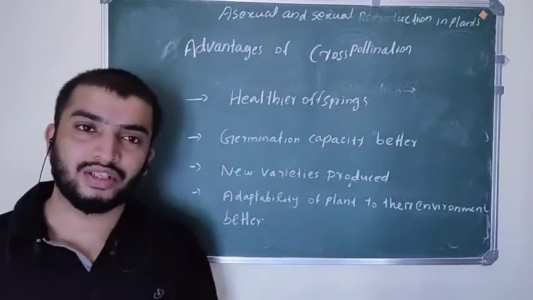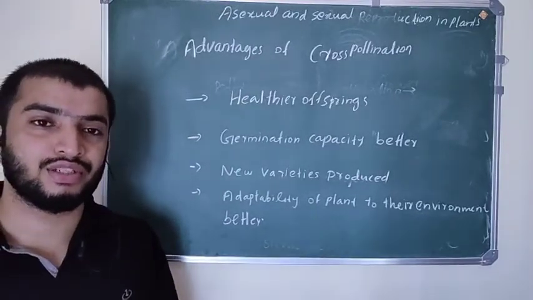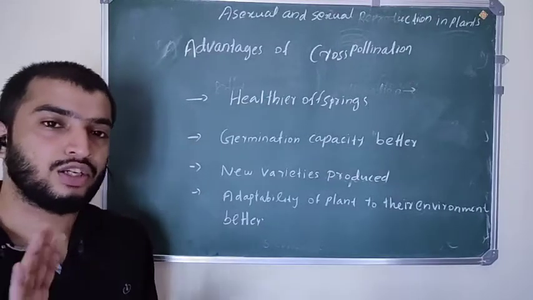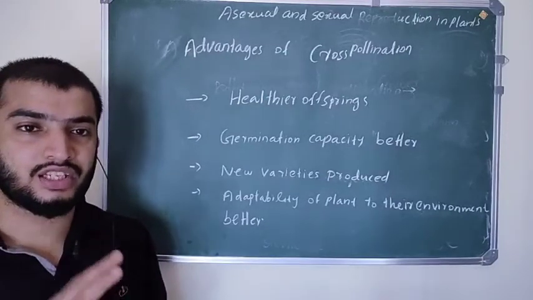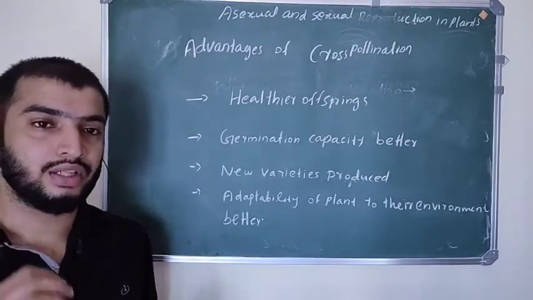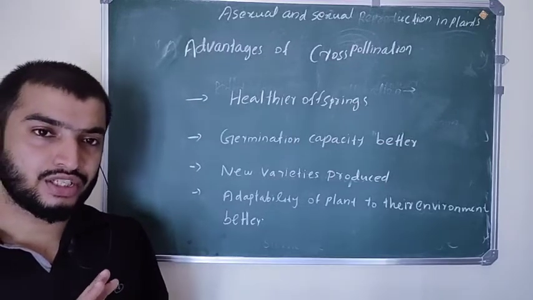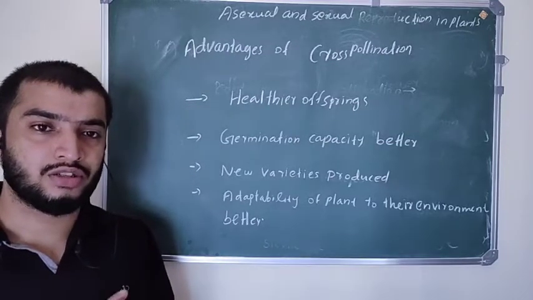And what are the disadvantages? You already know, if there are no cross pollinating agents, cross pollination is not going to happen. In the case of self pollination, we do not need any agents. In cross pollination, pollinating agents are very important. If pollinating agents are not there, cross pollination is not possible.